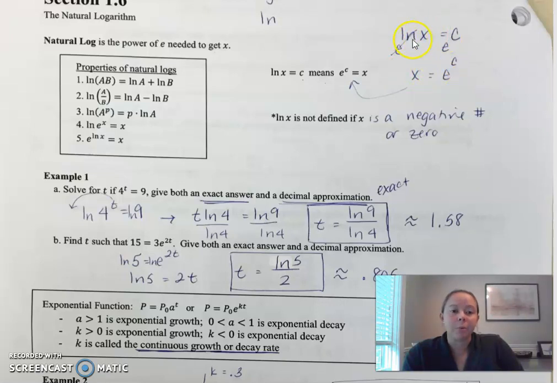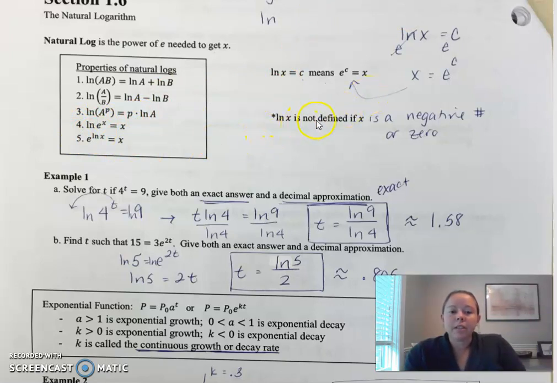And now I was able to start with natural log of x equals c, and solve for x. All right, so I am not a fan of teachers who teach you to memorize, like this is the base, and that's the exponent, and that's your answer. I don't like that. As long as you understand these properties, you don't have to memorize anything.